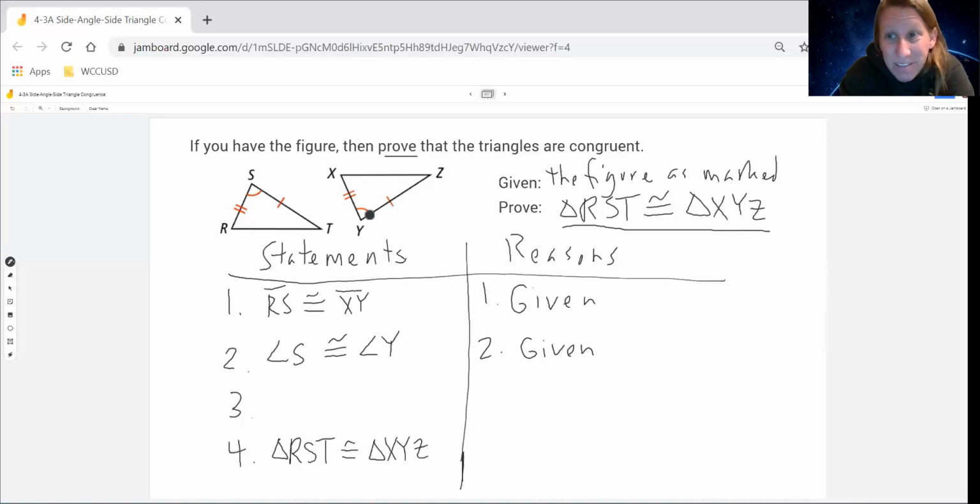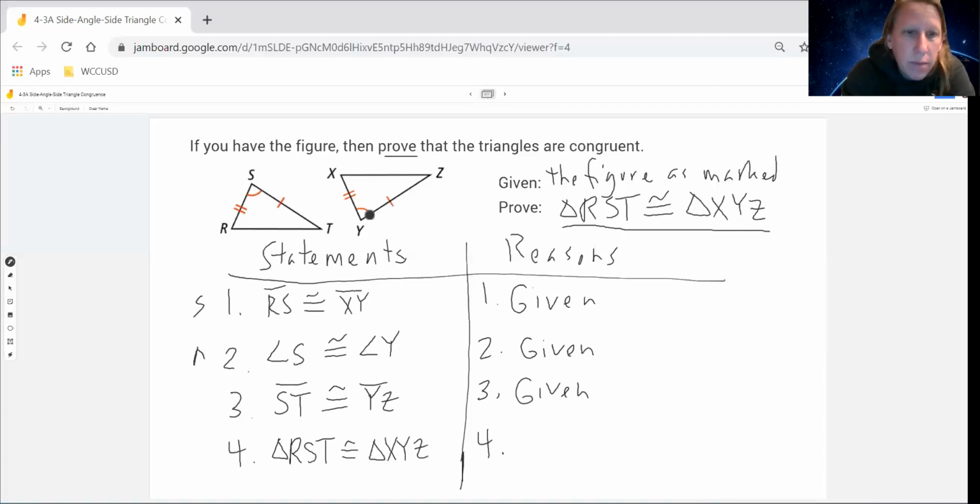All right, what else was given? What else is marked up here? Good. Line segment ST is the same size and shape as line segment YZ. That is also given. So in this problem, this is as easy as this proof could be. I showed that a pair of sides were congruent.